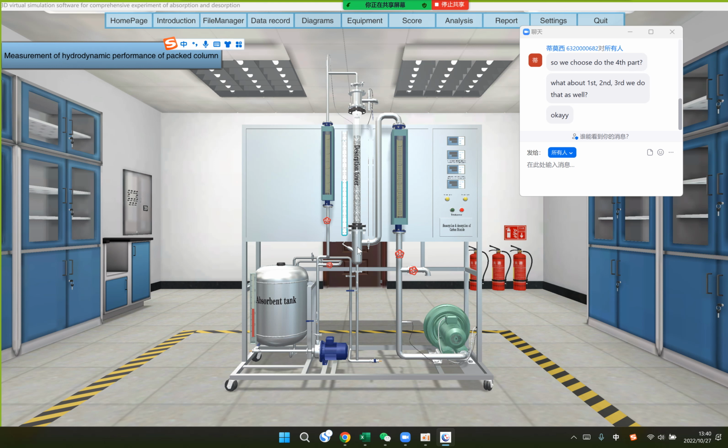What is the appropriate gas load and also the appropriate liquid load? Because the liquid load and the gas load are different, the pressure difference or pressure loss for this tower is different.